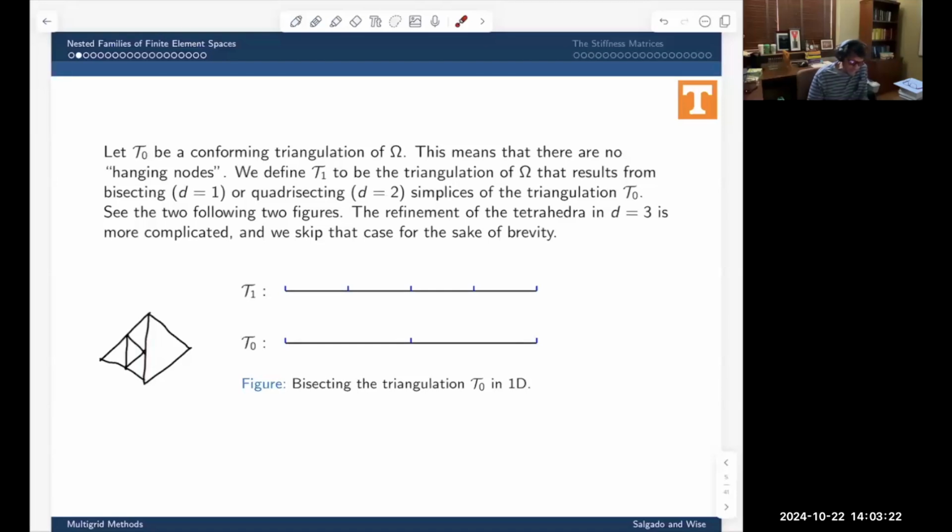Or in other words, anytime we take an edge of one triangle, it's either going to be shared by the edge of another neighboring triangle or a boundary. In this case, that fails because it's not a conforming triangulation. The edge of this triangle here is not a full edge of this triangle over here. Likewise, if we take this edge here, it's not the full edge of a single triangle over here either. It's the edge of two triangles. So this can't happen. This is what we call a hanging node.